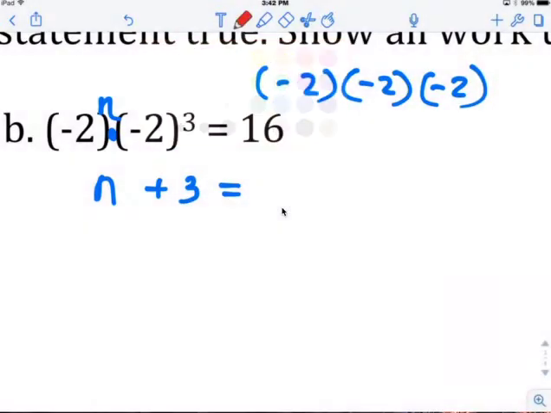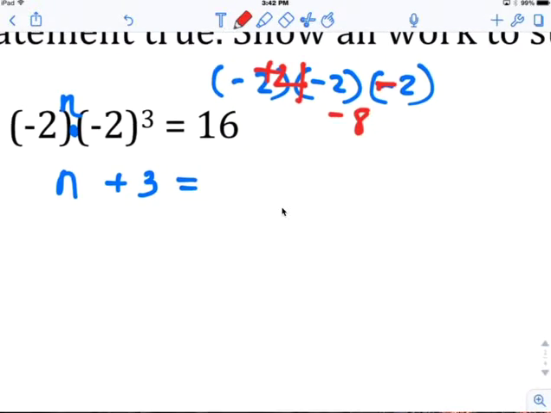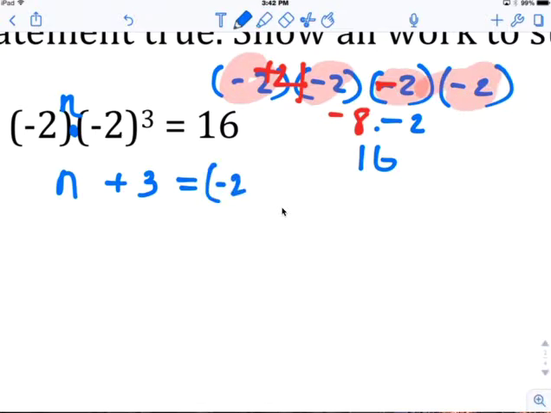These two are +4 times a -2 is a -8. And then we do another -2. We get a times a -2. It's a +16. So we get 1, 2, 3, 4. -2 to the 4th, right?